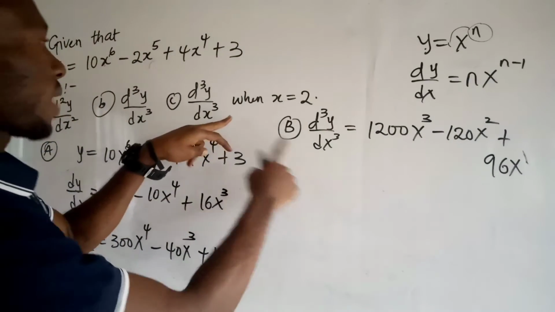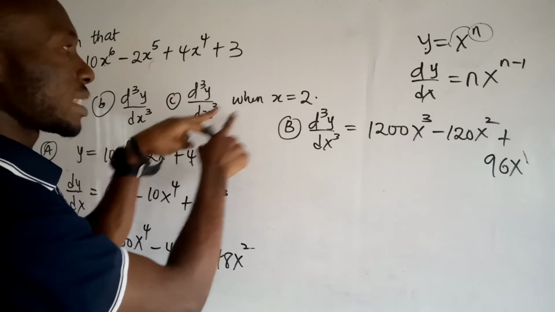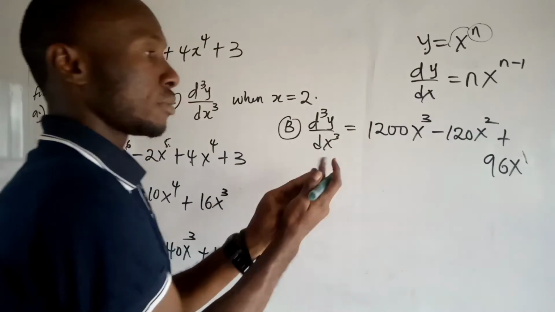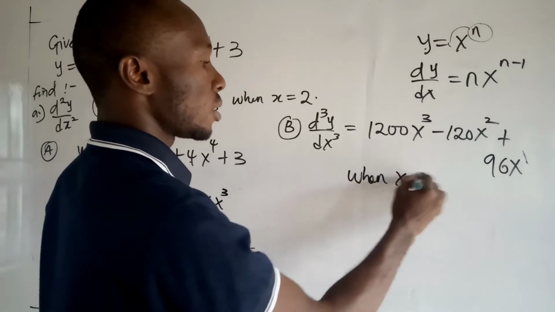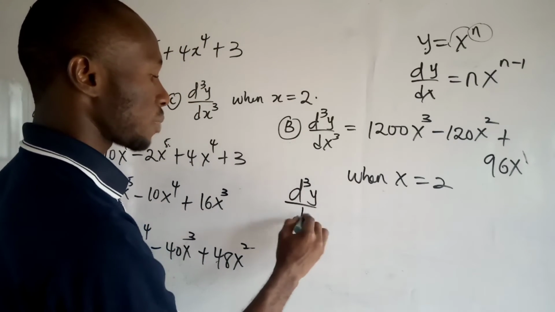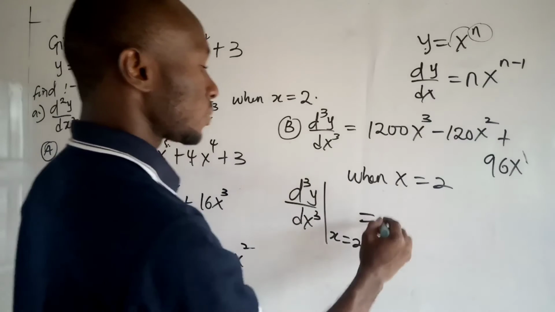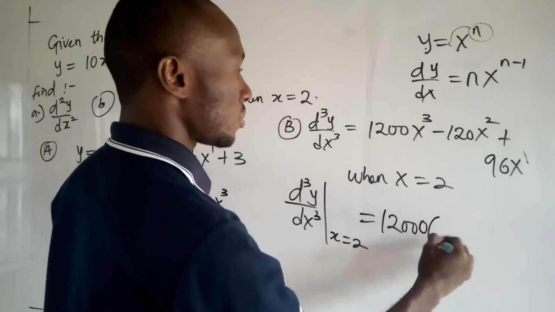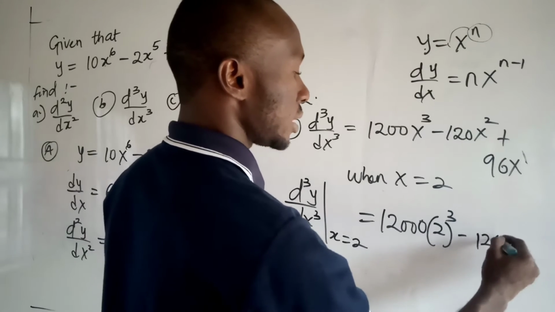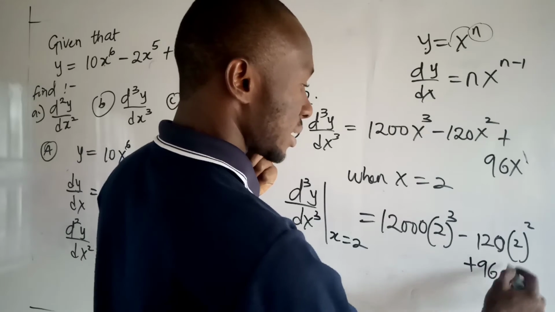Now at this point, we want to find the third derivative of y with respect to x when x is 2. What this means is that when x is 2, I just plug 2 in here. So the third derivative of y with respect to x when x is equal to 2 becomes 1200, x is 2, so I have 2 cubed, minus 120 times 2 squared, plus 96 times 2.